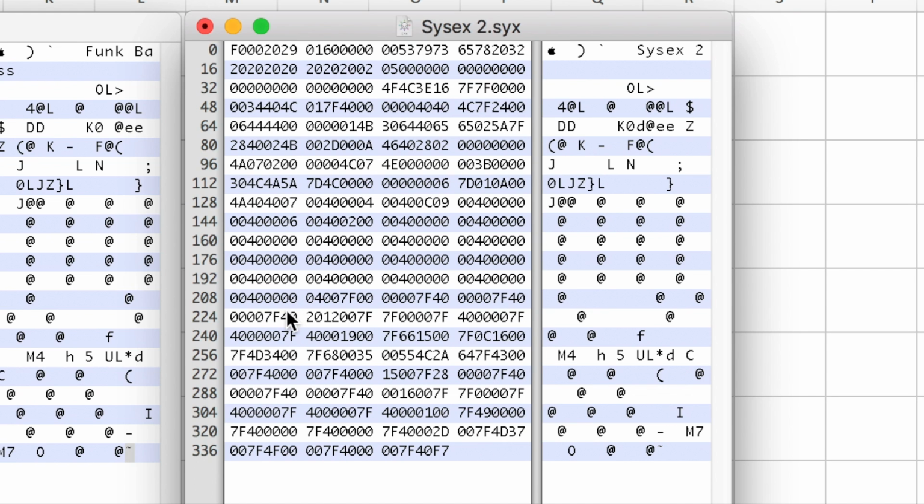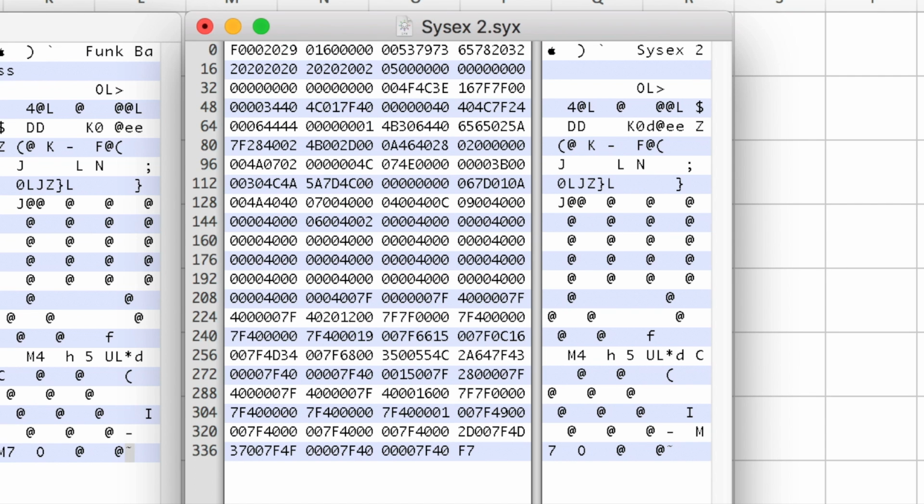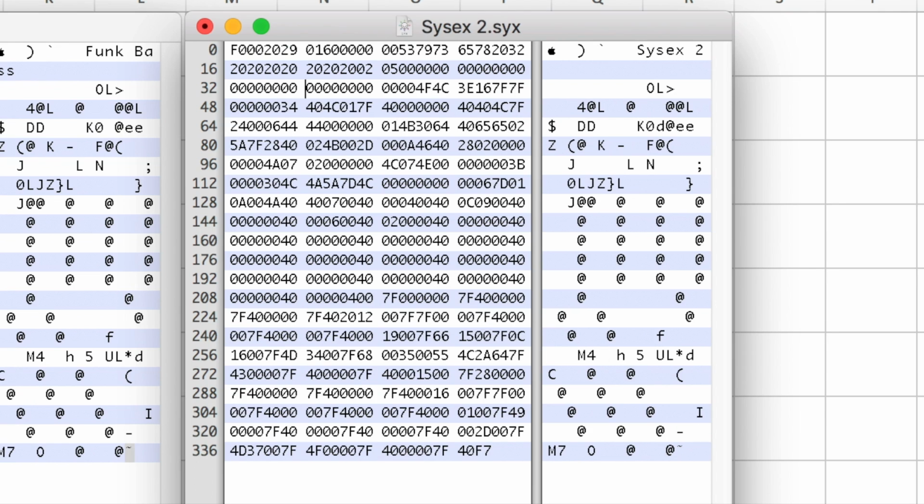But I see another problem that caused, and that is that this has shifted these bytes over, and it needs to end with the 40 F7 here in the same position. So the way you'll remedy that is go up here to where these zeros are and just add some zeros to that, and see how it shifts that over.